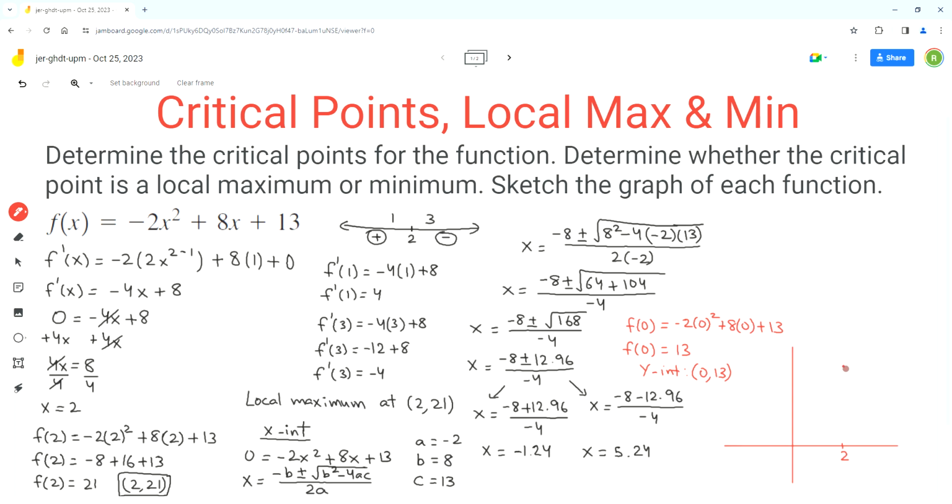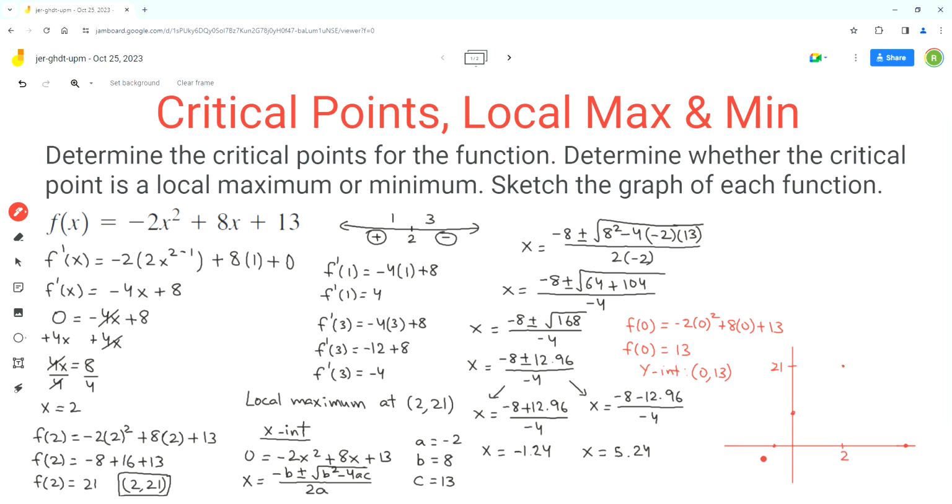So this is the local maximum, and the y-intercept is 13, so that will be somewhere here, and the x-intercepts are negative 1.24 and 5.24, so somewhere here, and then on the other side of the local maximum point, so maybe somewhere here.